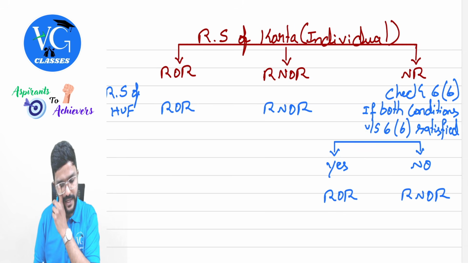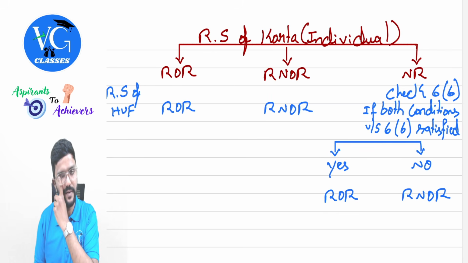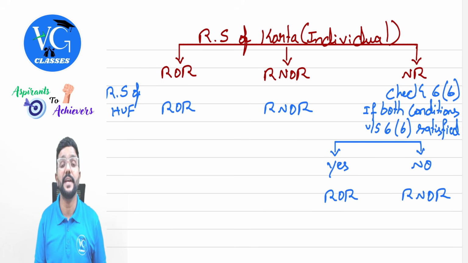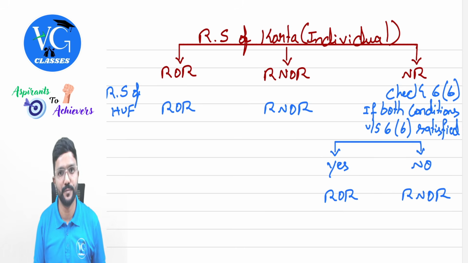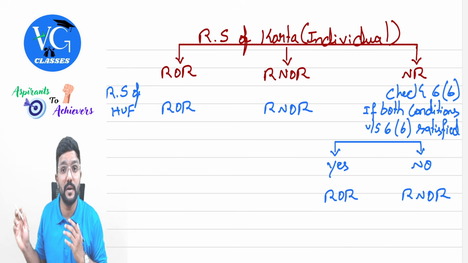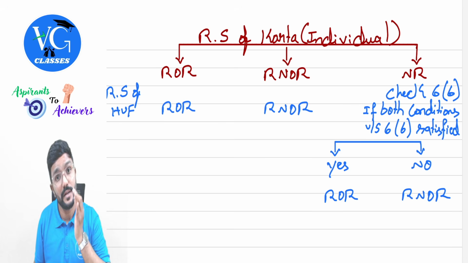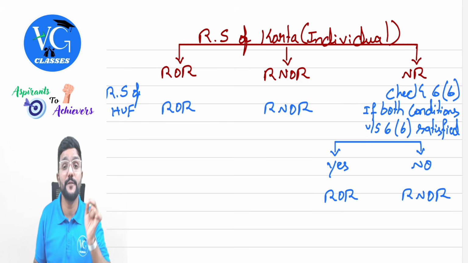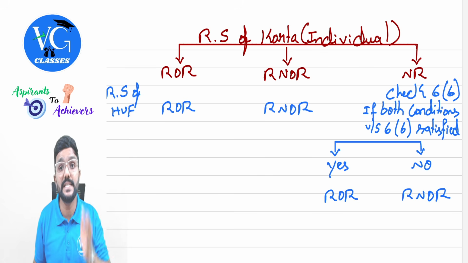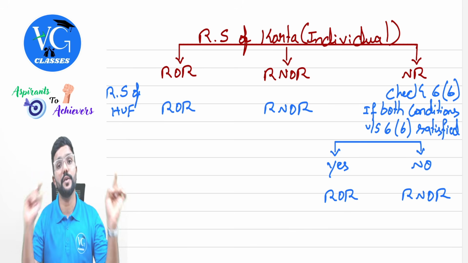Then, if Karta is non-resident, can we straight away tell the HUF would be not ordinary resident? No. Please don't tell that HUF is a not ordinary non-resident. Guys, Karta is non-resident, but HUF's control and management is in India. That means they're resident. Now we are checking whether they are ordinary or not ordinary.